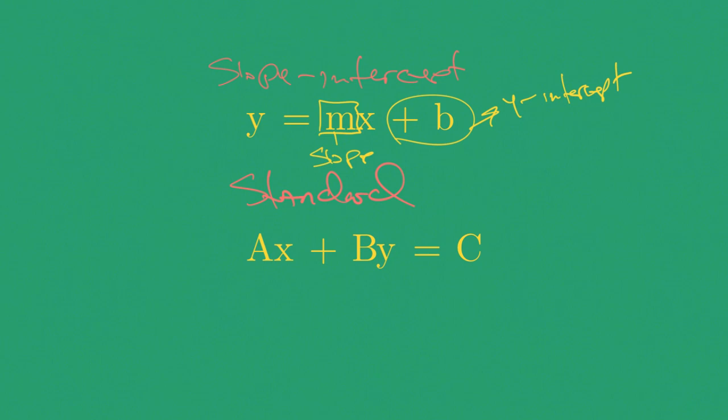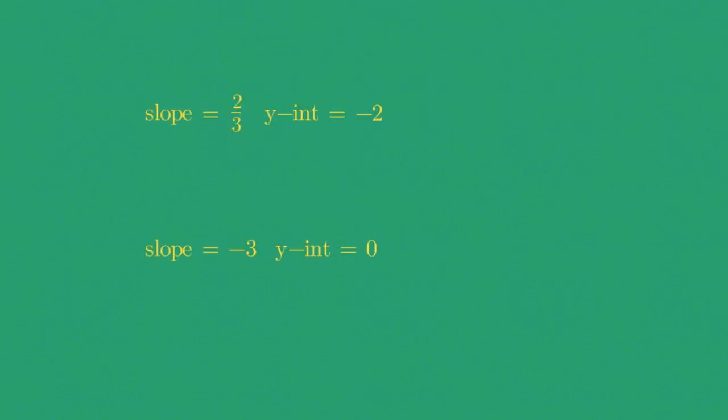There's not ever going to be any fractions in it, but I can't look at standard form and just say, hey, there's slope, there's y-intercept. It's not very helpful in that regard. So we're going to spend some time today a little bit more with slope-intercept form, but need to know what standard form looks like as well, need to know the difference. Any questions here thus far? So far, so good? Okay.